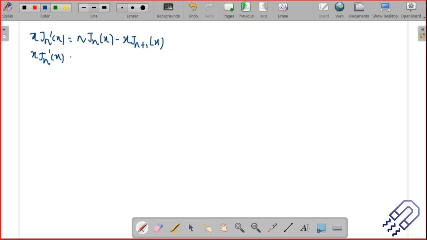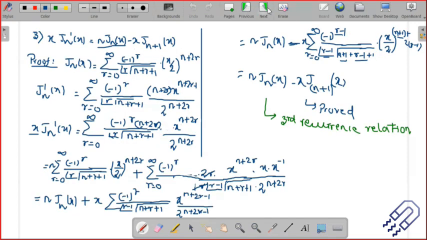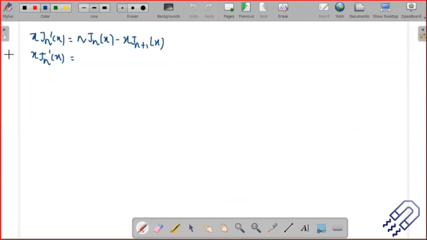Sorry, I think this is the third and fourth. Yeah, this is the third and fourth. So remember these two relations. And for the next one, minus n J n x plus x J n minus 1. Let me mark this as number 1 and this as number 2.